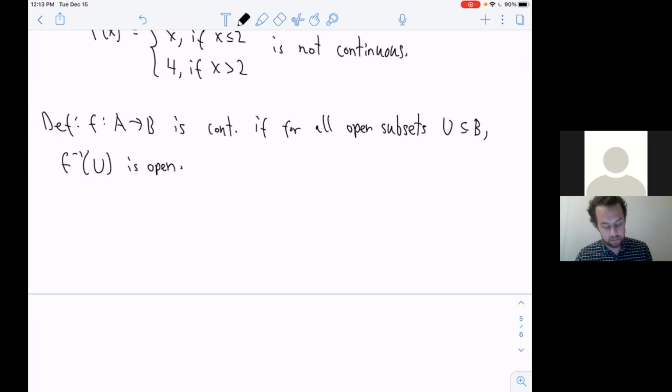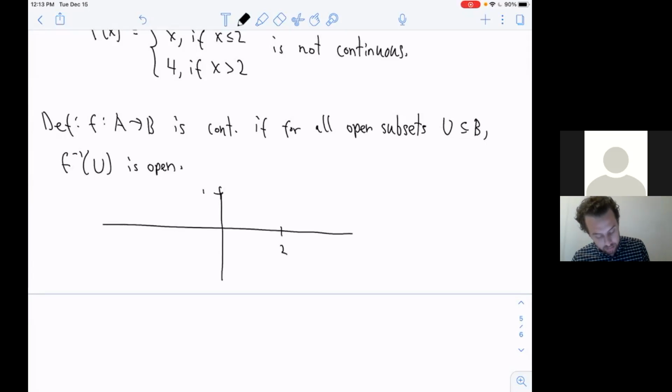Let's look at what this function looks like. Oof. Okay, so if x is greater than 2, then we just get 4. And otherwise we get x. So it looks like this.